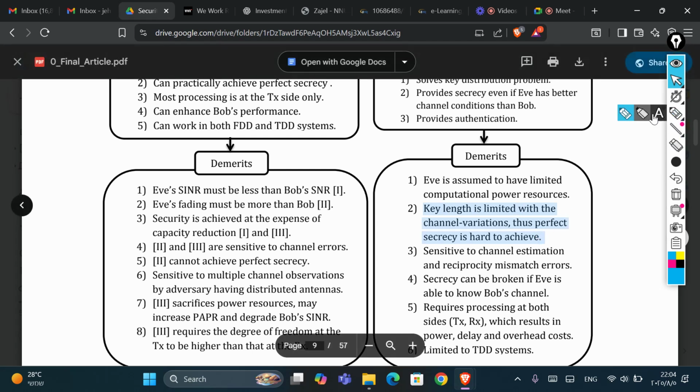Let's explain it by drawing. Assume you have a packet of 100 bits, just 100 bits, which is not practical. Usually we have packets in kilobytes and so on, but for simplicity, 100 bits.